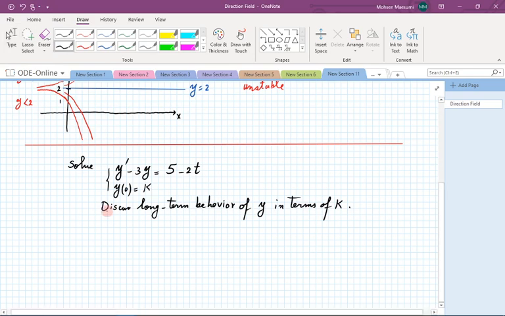So, rephrasing this question, you can ask it like that: find values of k for which the limit of the solution as t goes to infinity is plus infinity, versus values of k for which this limit becomes what?